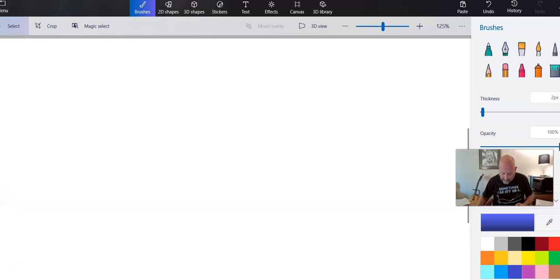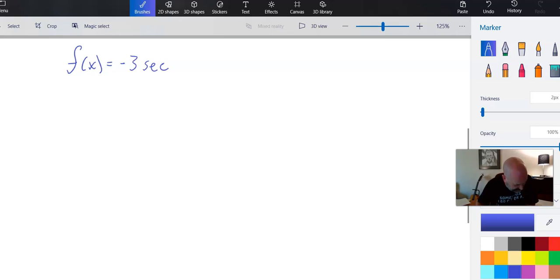Let's see what we got here. Okay, so let's go ahead and take a look at this here. Let's say that f of x is equal to -3 secant 2x plus pi. Okay, so a couple of things here.